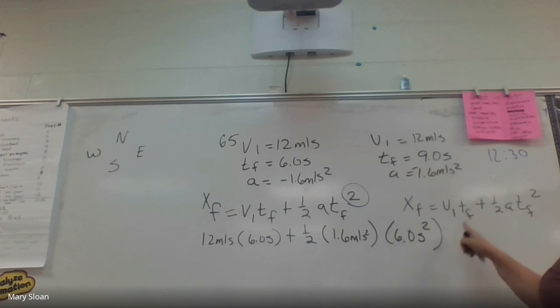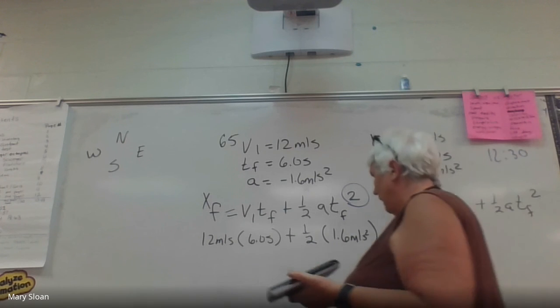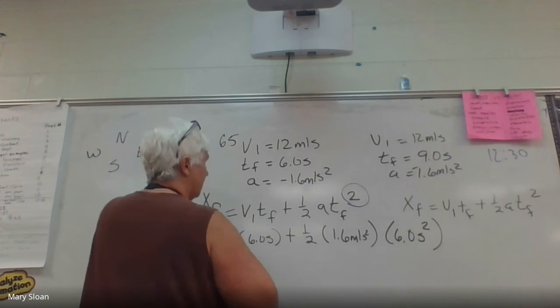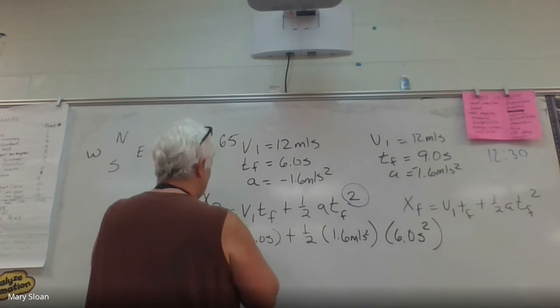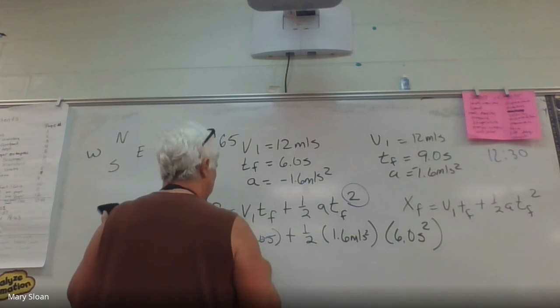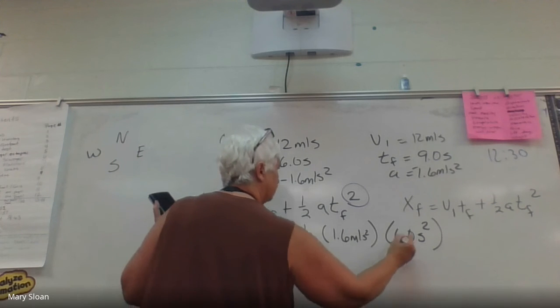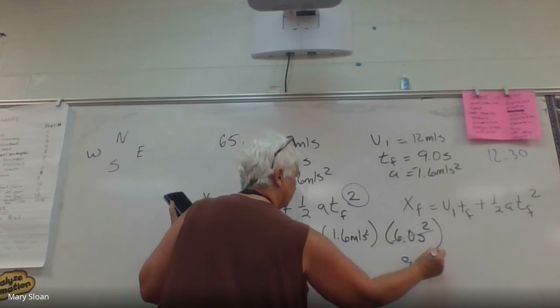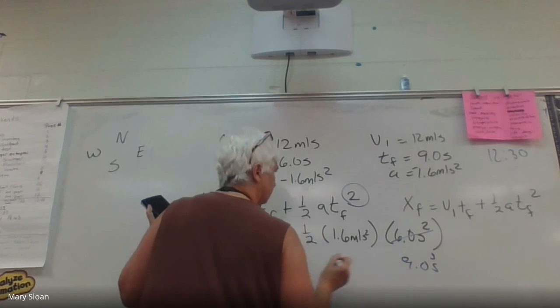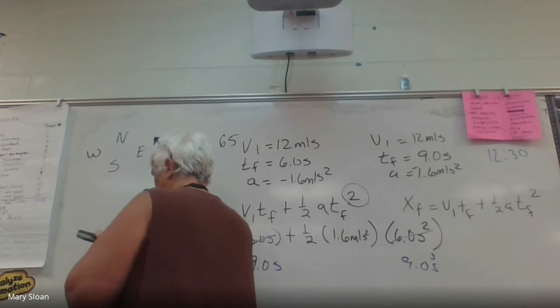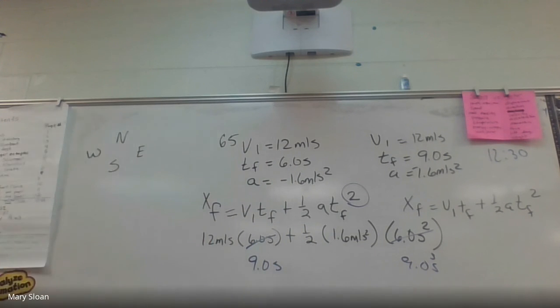It's going to be the exact same one, except this time, instead of that number, we're putting 9. Tell me what you get. 42.2. Okay, that's it. Our goal is 43.